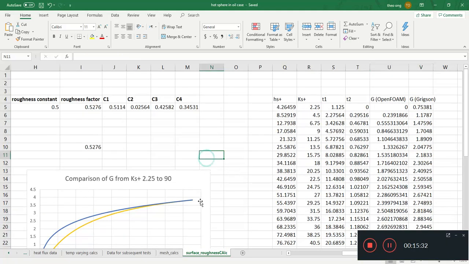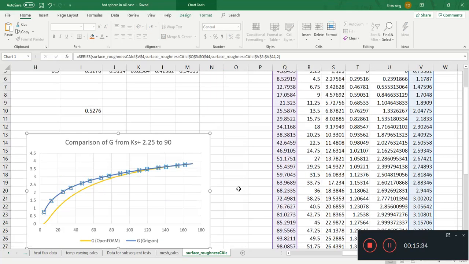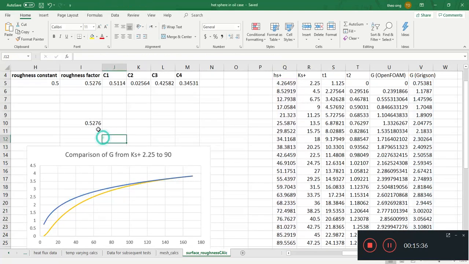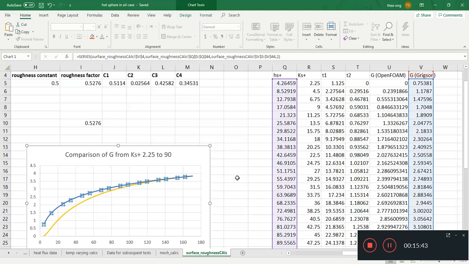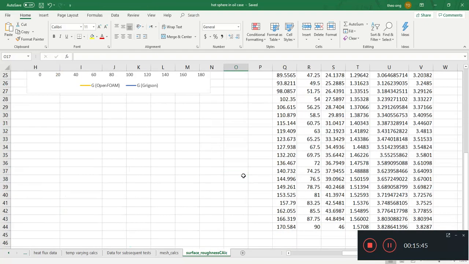So that's where we have very close matching. So the roughness factor at 0.5276 does give you a very good matching at a high Hs plus value. Okay, so that Hs plus at 170, it will give you such a value.